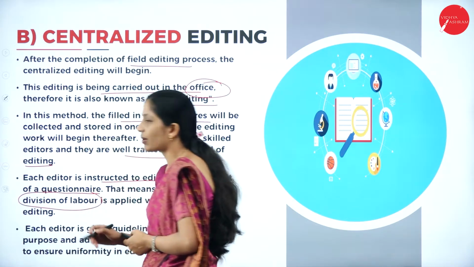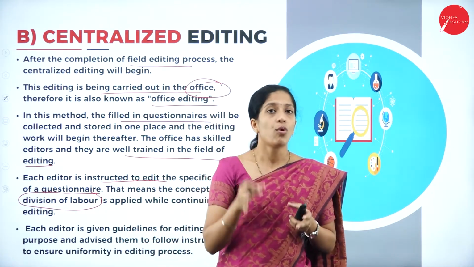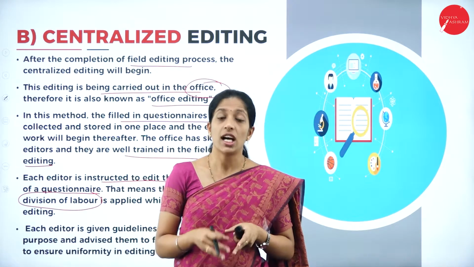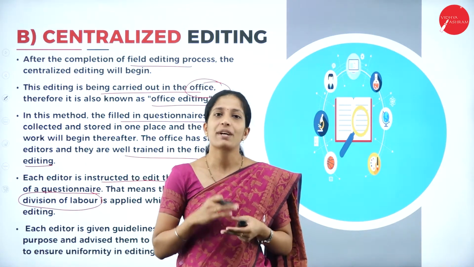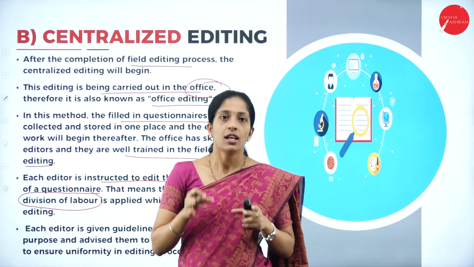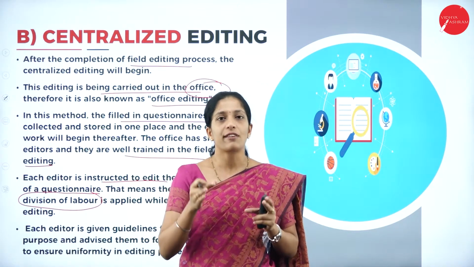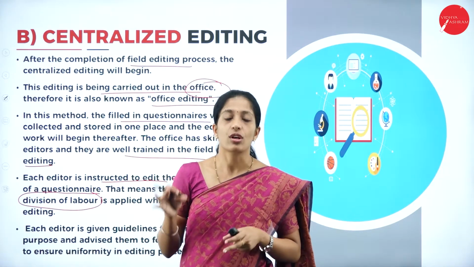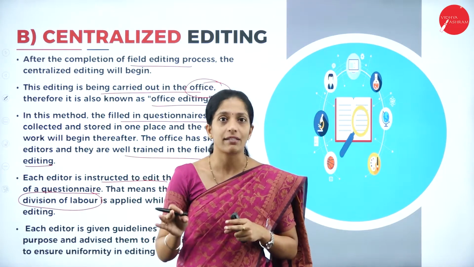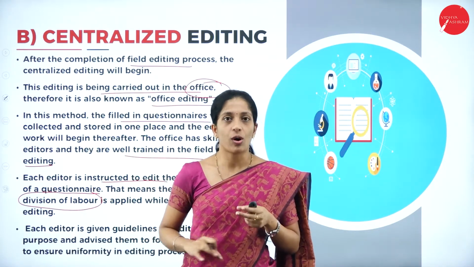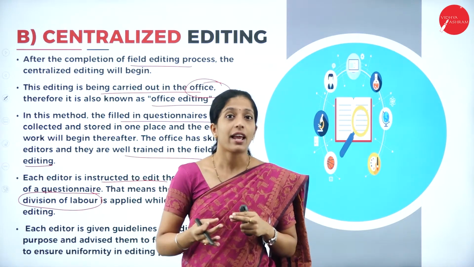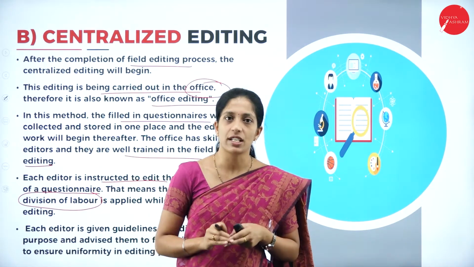Suppose a large amount of data has been collected by the researcher. In that situation, only one person cannot edit everything. So all the questionnaires, all the information and all the data will be brought to the office and distributed among the skilled editors, and they are assigned to edit that particular work.